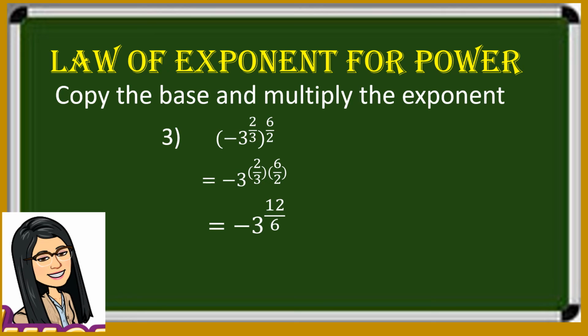So -3 is raised to 12 over 6. And observe, 12 divided by 6 is 2. So -3 squared is the simplified form. So we can simplify this further by squaring our -3, meaning -3 times -3. So we will arrive at +9.